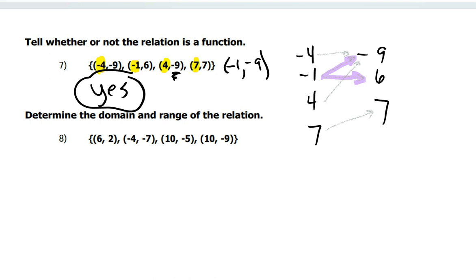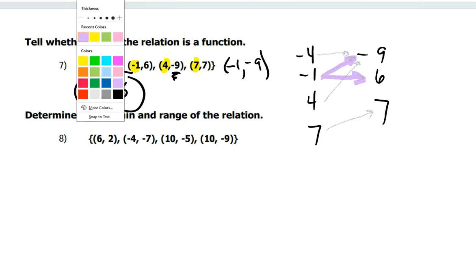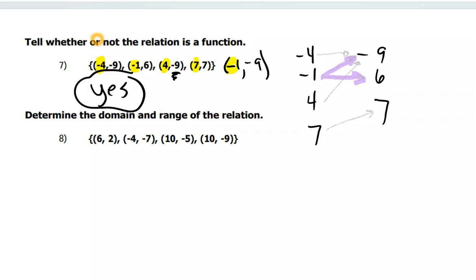So that would be no, it's not a function, because this x right here is the same as this x right there, and they have two different y's. So that's a big no. And that's number 7. So those two questions asked about whether it is a function or not a function.